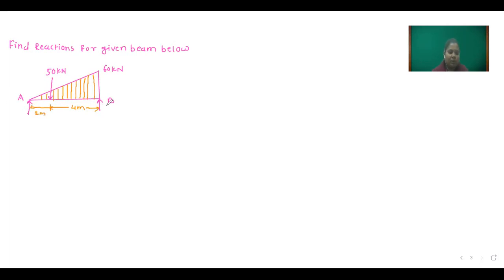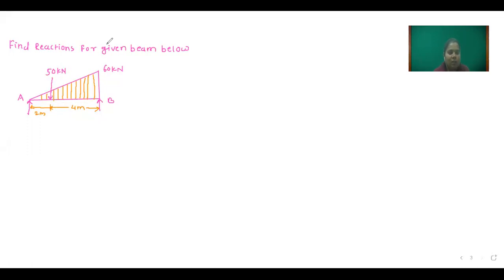So here an AB beam is given. On that beam, one uniformly varying load is applied and the intensity of the varying load is 60 kilonewton, and one point load is applied and the intensity of the point load is 50 kilonewton. The point load is applied 2 meter from point A. So for this, we have to find out the reactions.